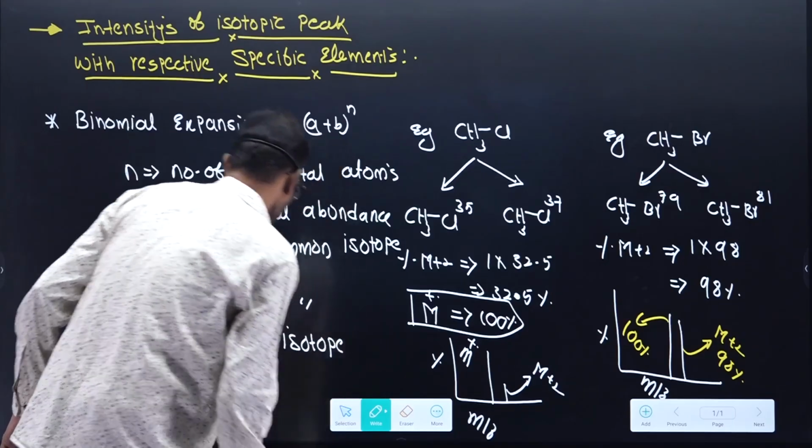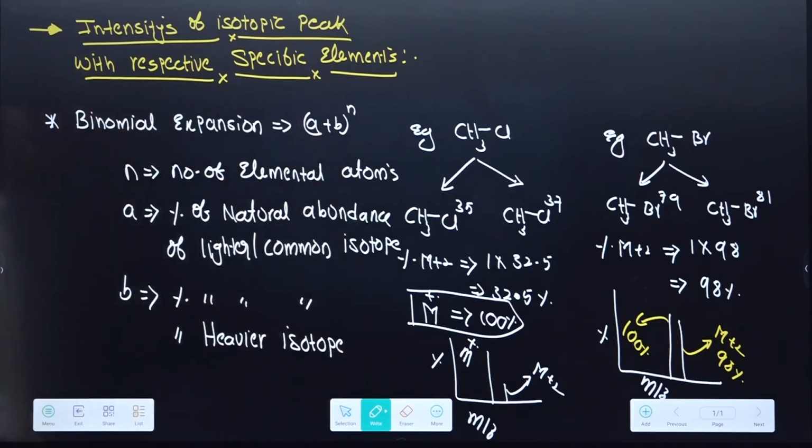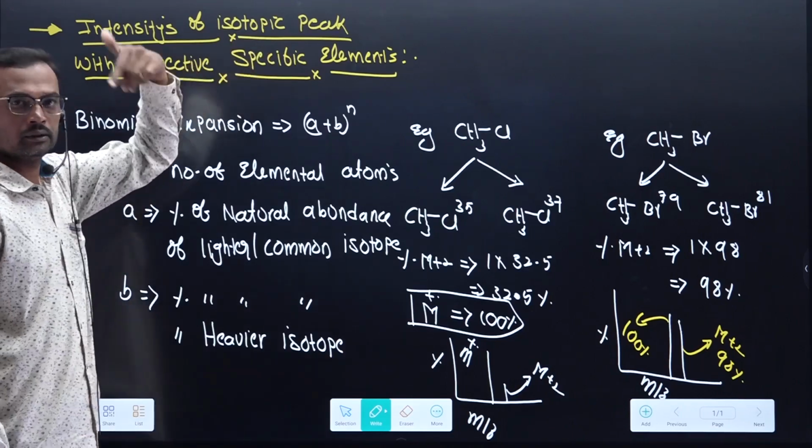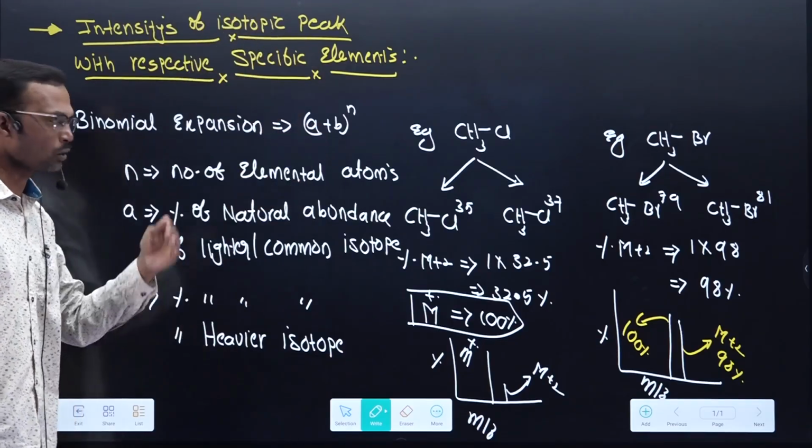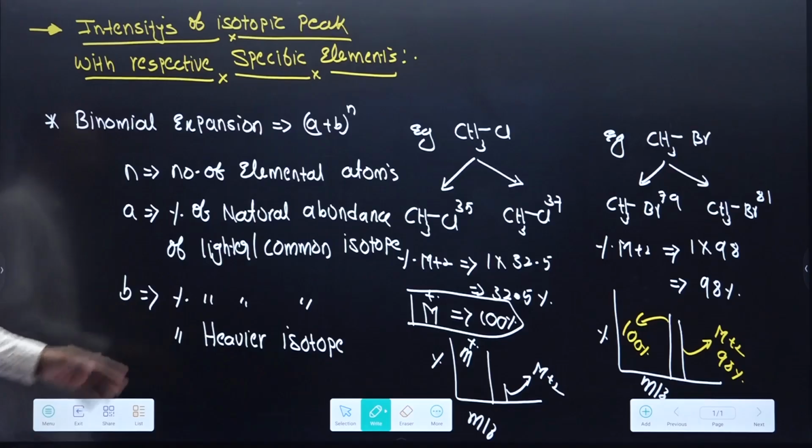Lighter isotope is A, heavier isotope is B. This formula you remember. Binomial expansion is required to calculate the relative intensities of isotopic peaks with respect to one selective element. I am taking chlorine and bromine as reference elements. Then we can calculate the peak intensities of M plus 2 for chlorine and bromine.